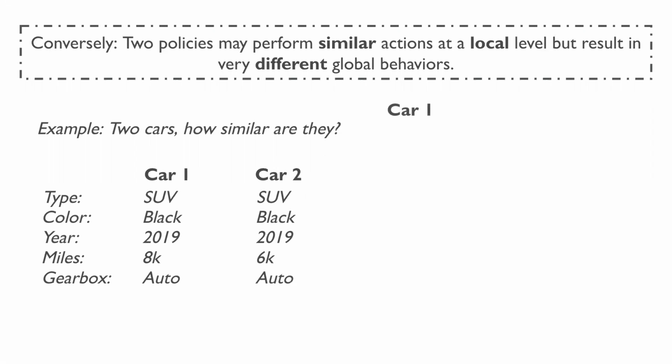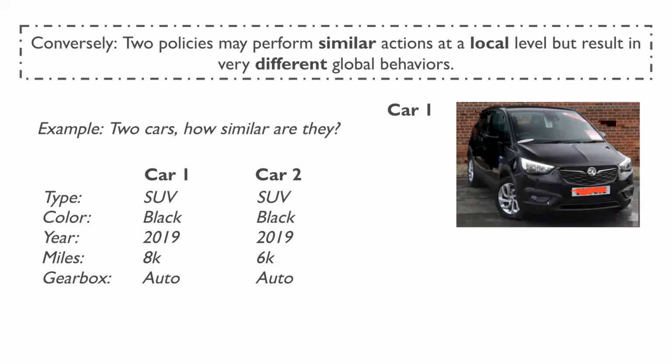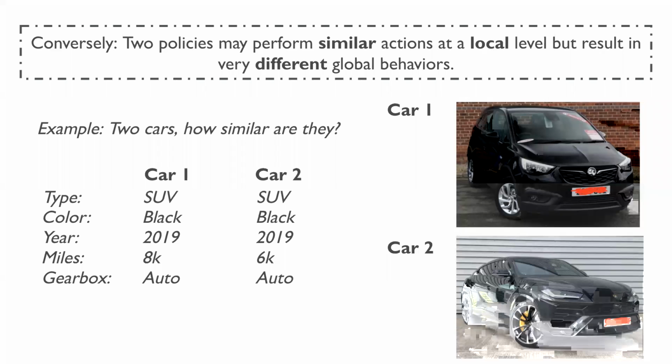But it turns out that car one is basically a cheap car. Car one is a Vauxhall Crossland, yours for over 12,000 pounds. And the second car is actually a Lamborghini, so it's a little bit more expensive.